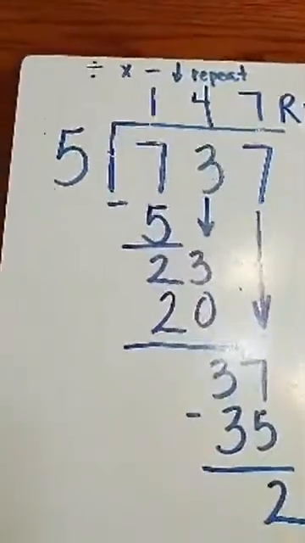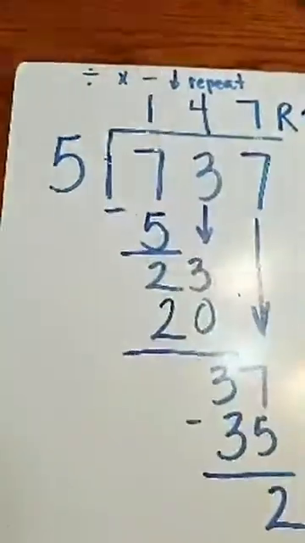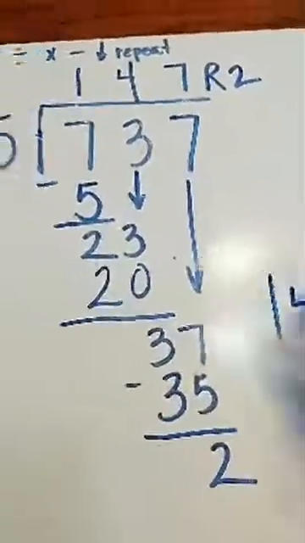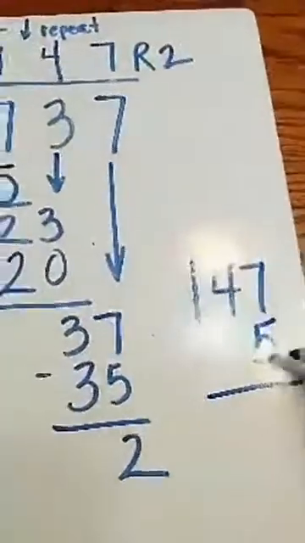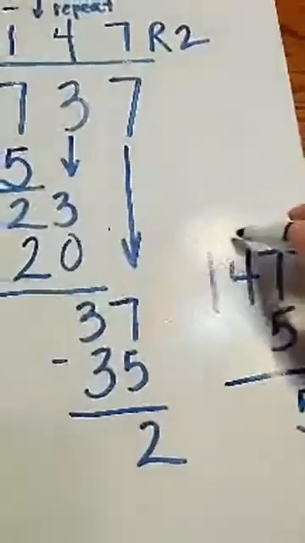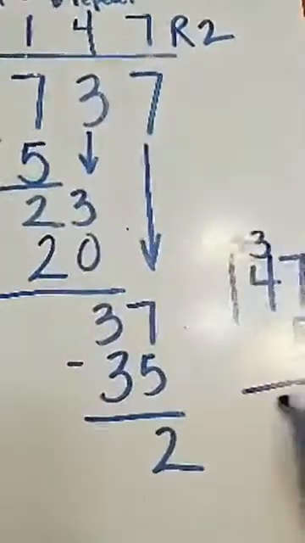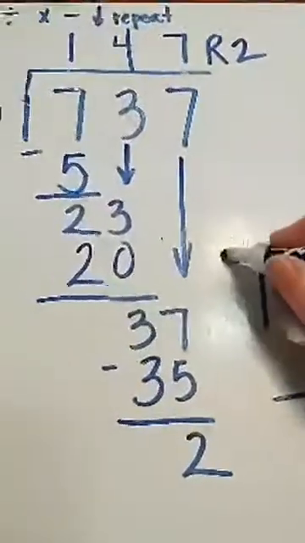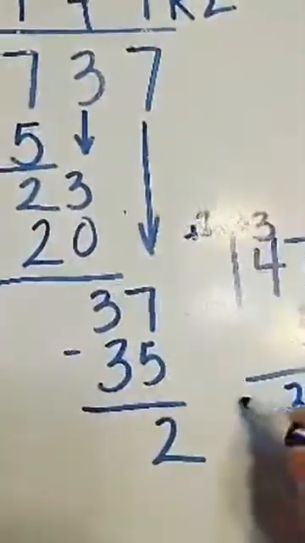Now, how would I check this? I'm going to take my whole number I have here, 147, and multiply by my divisor. 7 times 5, 35. 4 times 5, 20 plus 3. 5 times 1, 5 plus 2, 7.